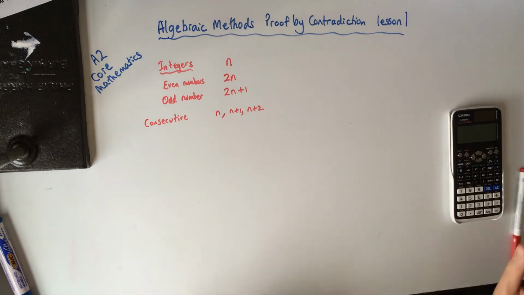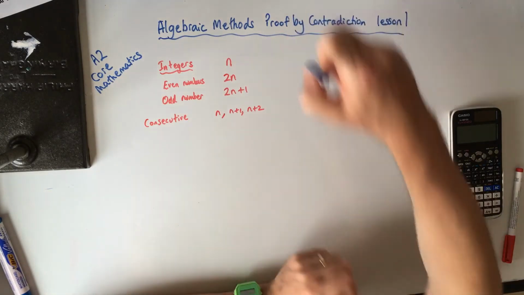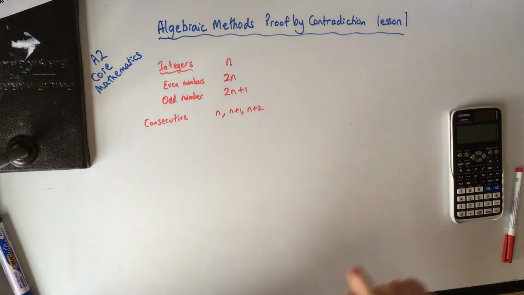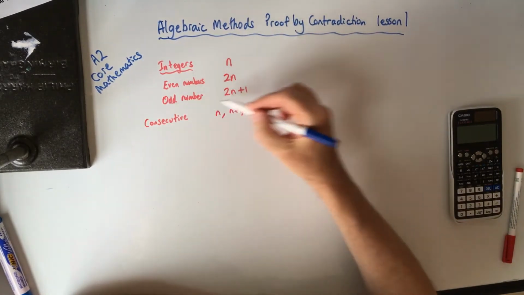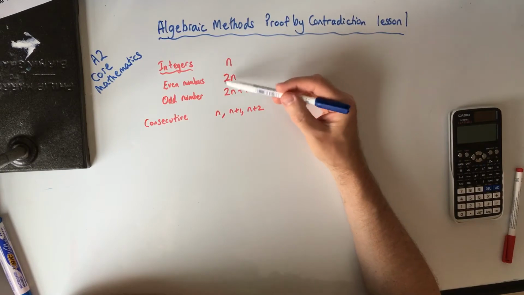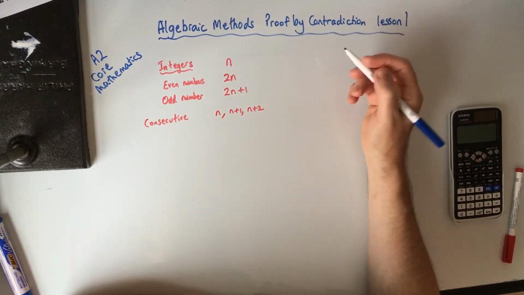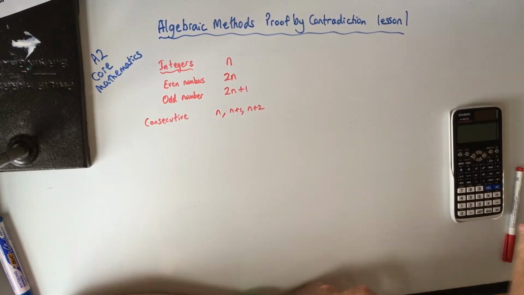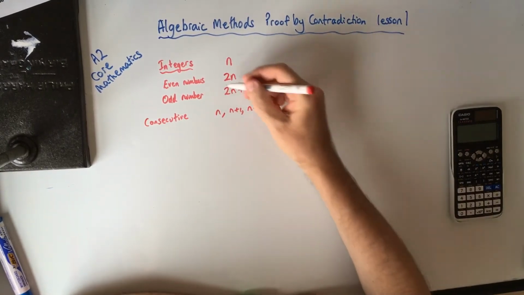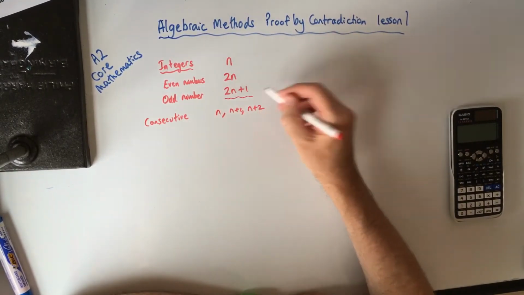So for that, a couple of things really. Just highlighting something. Even numbers are numbers that you can always take out a factor of 2. So for instance, let's just explore this a little bit for a moment.